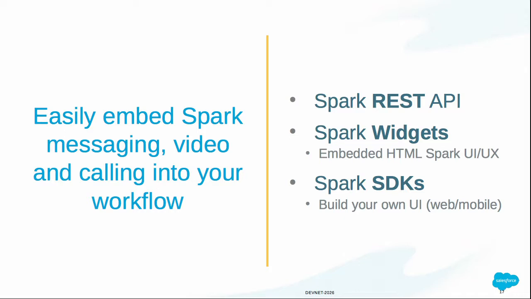The Spark widgets are, as I described earlier, those UI components that are pretty much self-contained. You can drop a few lines of code into a web page and enable interactive voice and video, for example, chat, the ability to share files in HTML apps.